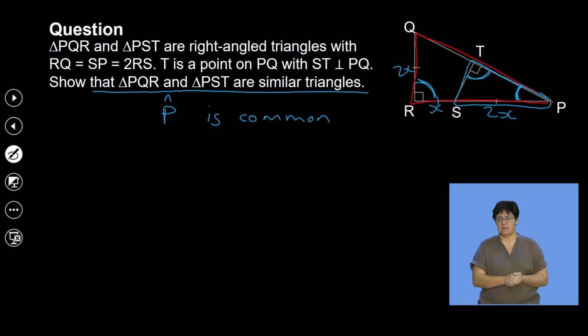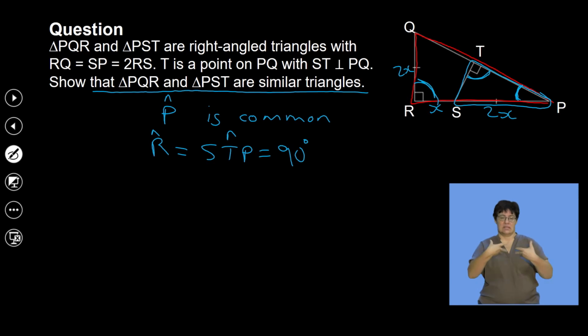Therefore, I use that. Because R is in PQR, I will say R is equal to T, and because there's a lot of them, I will have to specifically say which one it is. I will say angle R equals angle STP equals 90 degrees, and this will be given.